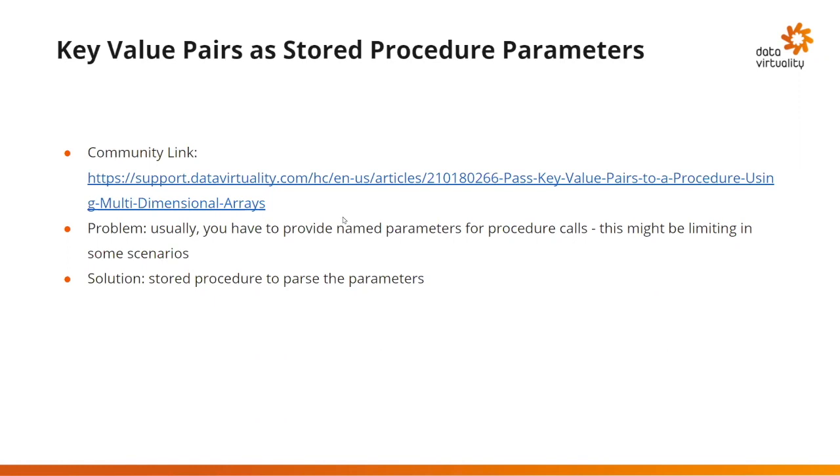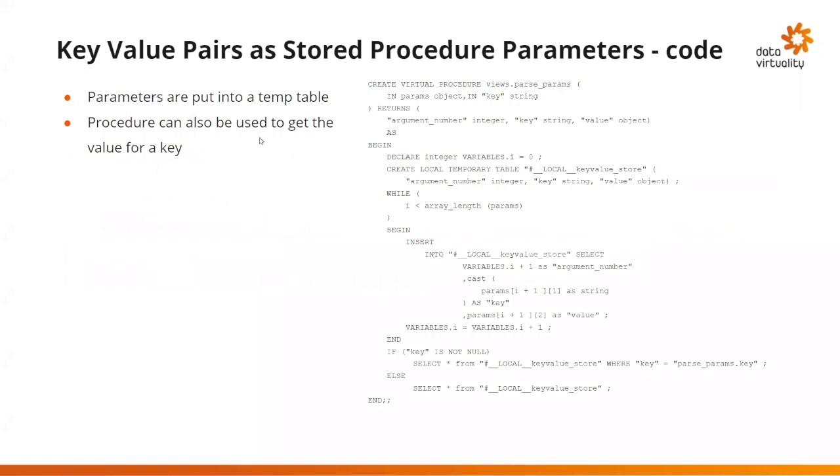Let's take a look at our stored procedure and what we can do with this. All right, let's read through it. We can see here that we're getting two in parameters, and one of them is this parameter object. The other one is not mandatory. It's a key parameter.